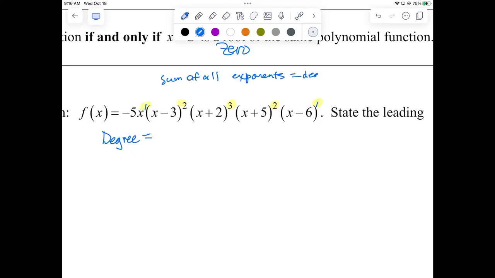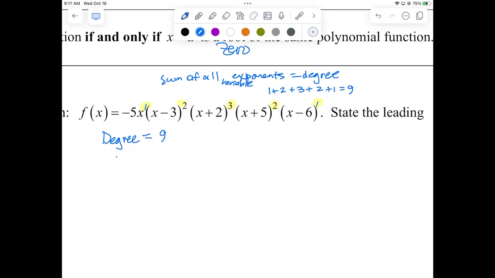It equals the degree. So that gives us 1 plus 2 plus 3 plus 2 plus 1, which ends up being 9. It's a 9th degree polynomial.